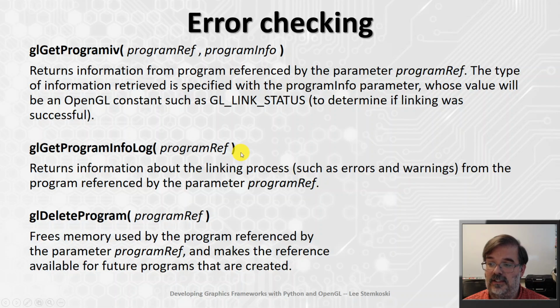If for some reason it's not successful, if this returns a false value, we can get the log attached to the program, which stores information about the linking process, like errors and warnings. In that case, we probably want to delete it because it's just taking up memory. And that's it. Those are the 6 functions we're going to need to create a program out of the 2 previously compiled shaders. So let's go ahead and open back up Sublime Text.